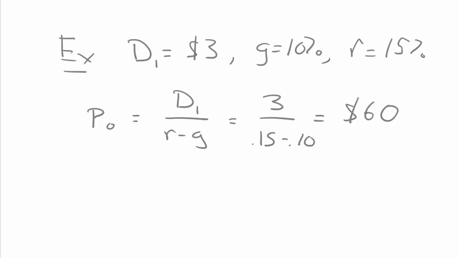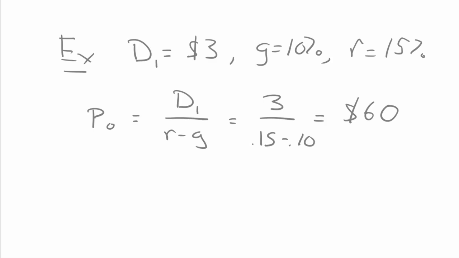So you might say that this formula is not good for all companies because some companies, for instance, might not pay dividends right now and might pay dividends in the future. Well, that's true. And for that, you can use our formula for the delayed perpetuity. So you may recall that from the present value clip.